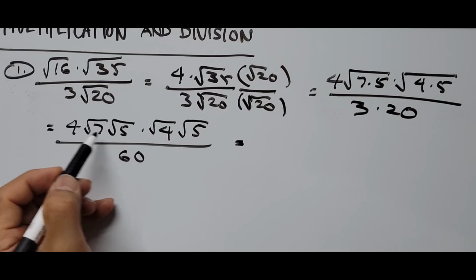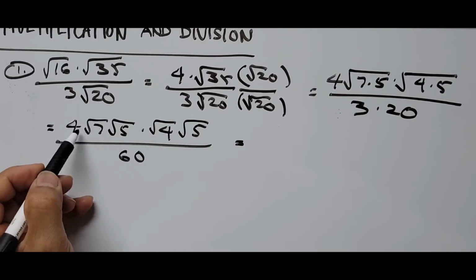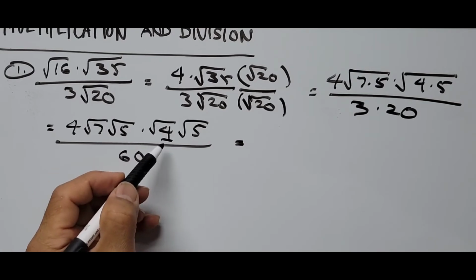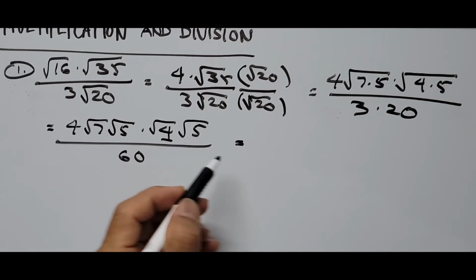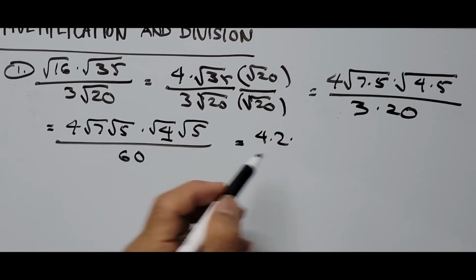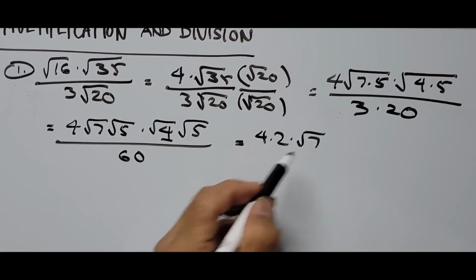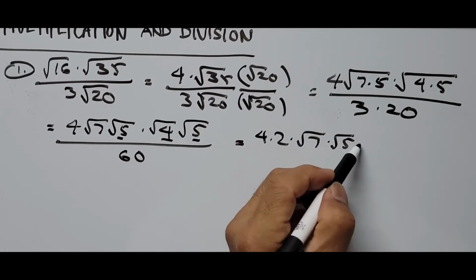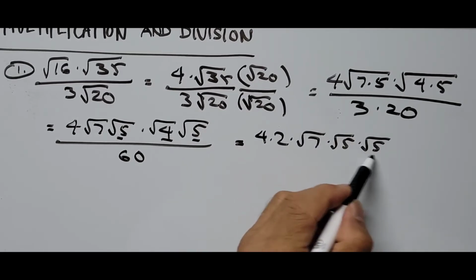So in here, we see this square root of 4, that's 2, perfect square. So put that one right there, that means 4 times 2 now, times square root of 7, times you have 2 square root of 5s, divided by 60.